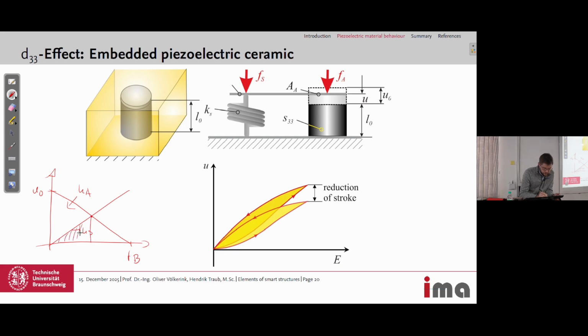This was the work capacity, and then we can see, compared to U0, a high U, a reduced stroke here. So this is the new achievable U, and with this surrounding material, maybe right here, EMB for embedded, we have a lower displacement we can achieve.